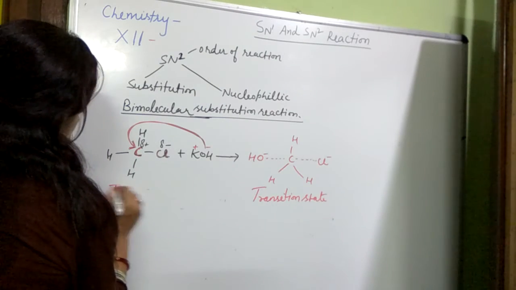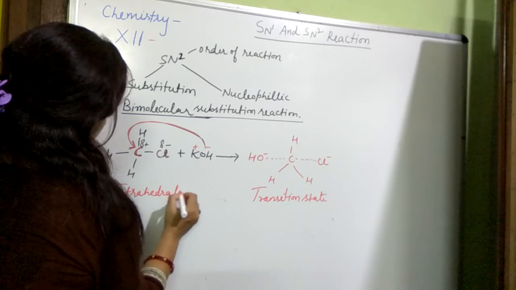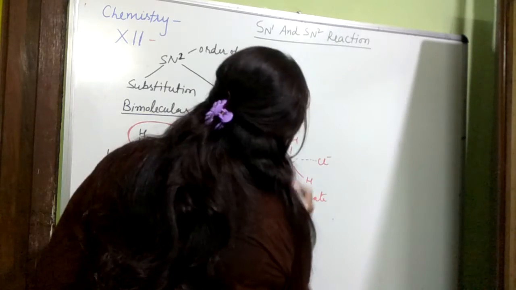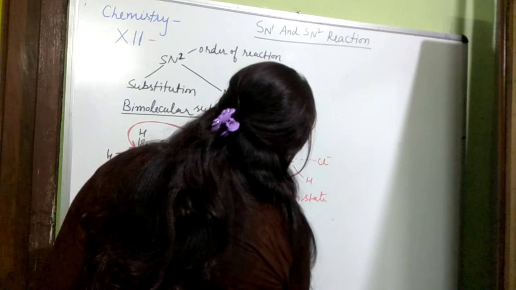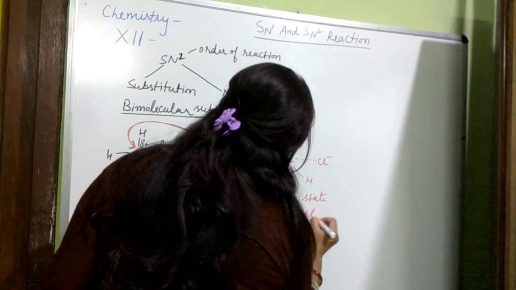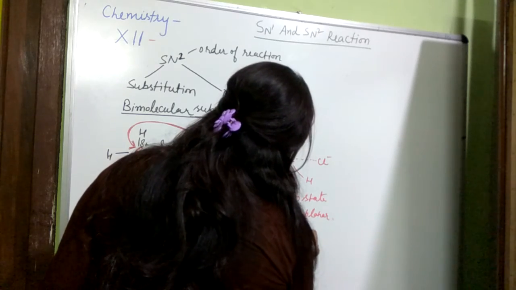Here the carbon is tetrahedral and sp3 hybridization, and here trigonal planar and hybridization is sp2.